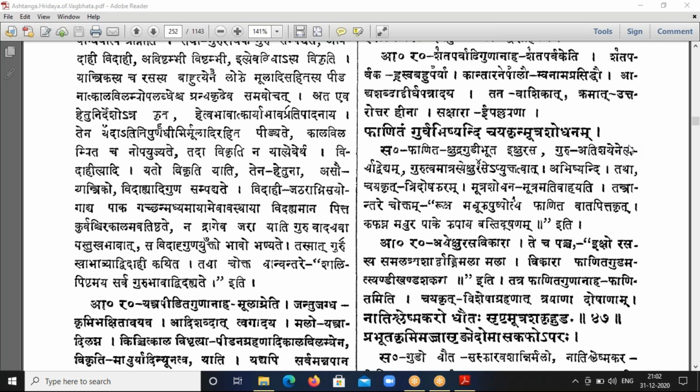Yes. Is Guda useful in Prameha when it is Guda Vikrutamcha? Guda is not good in Prameha in any form. It is not good in any form in the usage of Pramehi.